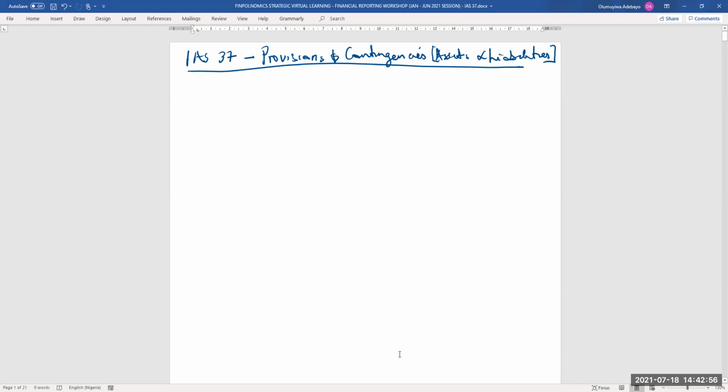Let me try and clean it up and write it. It's not clear enough. Provisions and contingencies. Contingencies with respect to assets and liabilities.